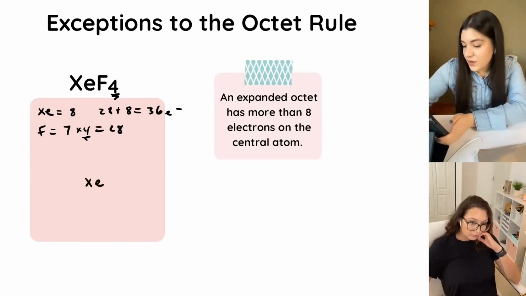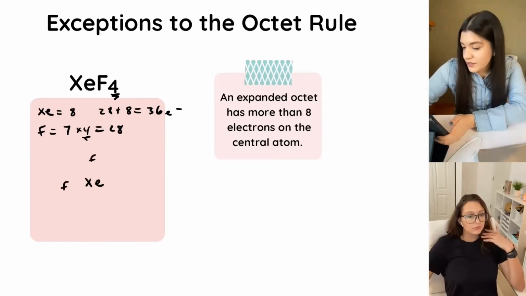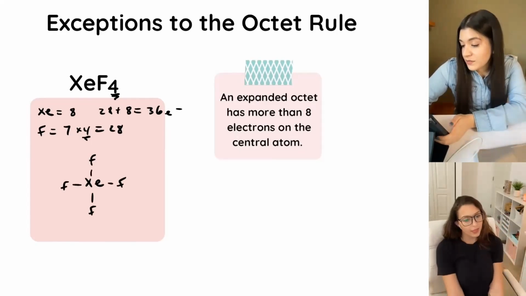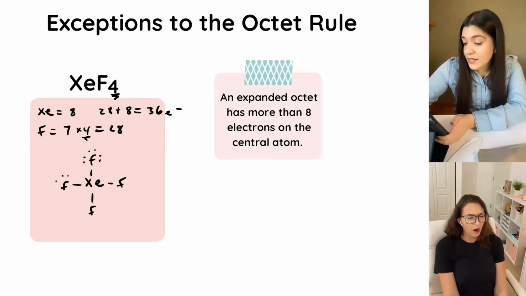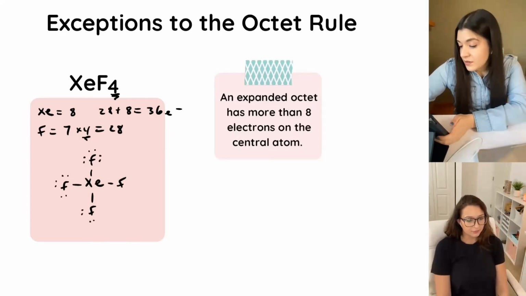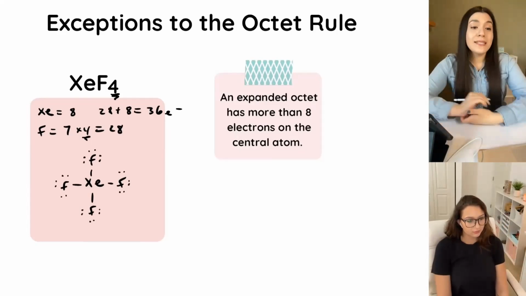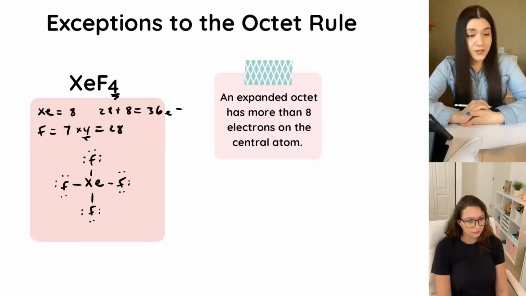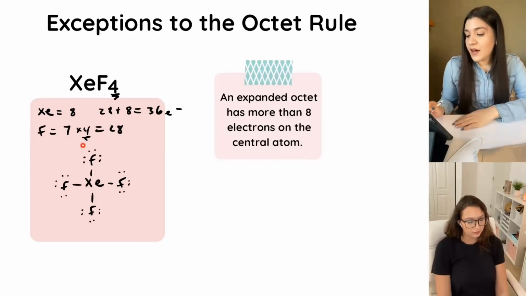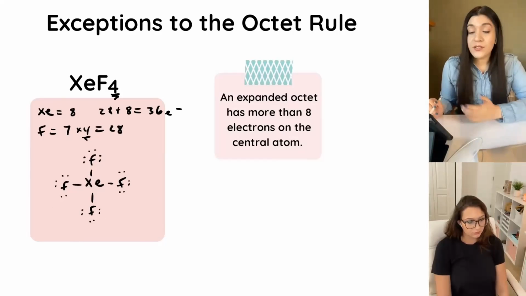We know this is going to be surrounded by 4 fluorines, so I could draw it like this for now. I'll put our single bonds. And then, of course, any sort of halogen is going to have 3 lone pairs. So just putting them all. Perfect. And then we're going to count and see, does this have 36 electrons? So this has 8, right? 2, 4, 6, 8. That's 8 times 4 of them. So 8 times 4 gives us 32.